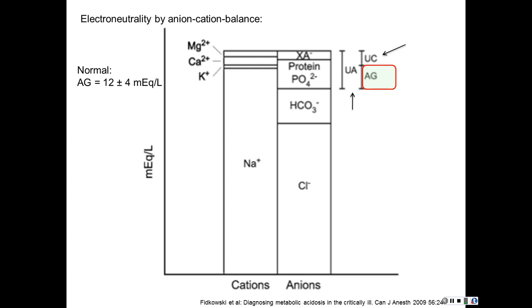And we expect that to normally be about 12 plus or minus 4. And if you have an increase in the amount of these inorganic acids, then your anion gap will go up, and we say you have an anion gap acidosis versus a non-anion gap acidosis if this was normal. So that's one way to look at this.